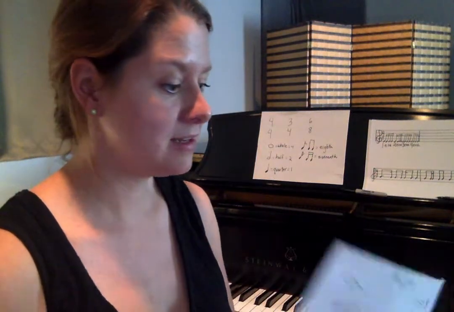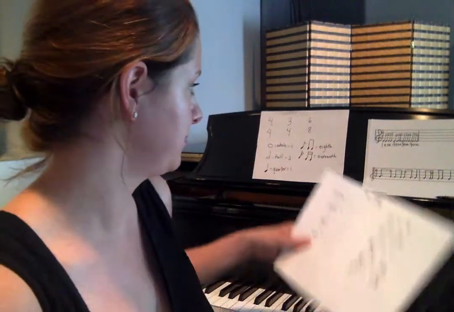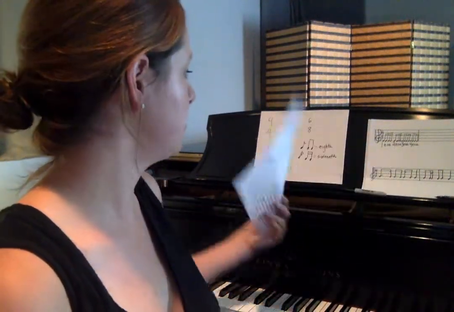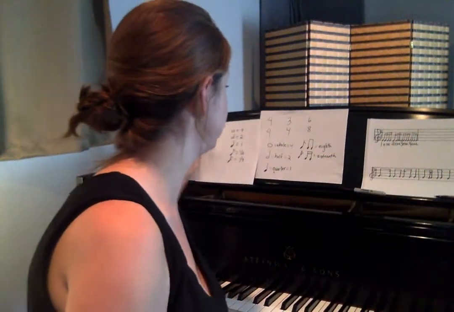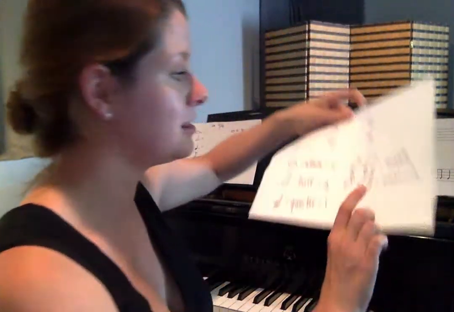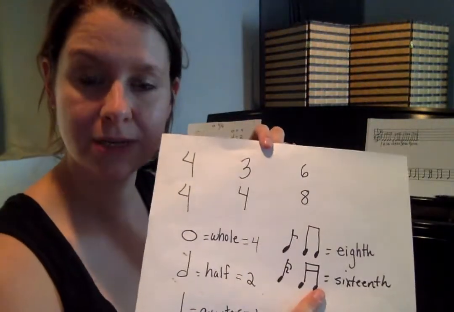That being said, we need counting numbers. We need something to say in the space of those beats, in the space of those notes, so that we have words to say for each of those rhythms. If you remember, for eighth notes, it's 1 and 2 and 3 and 4 and, because you can fit 8 eighth notes in the space of those 4 beats. With 16th notes, you can fit 16 16th notes in the space of 4 beats.